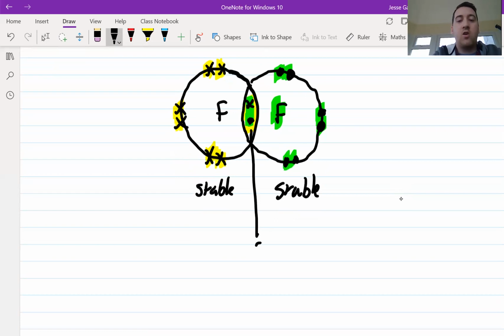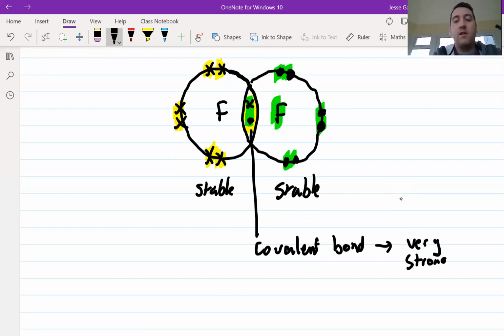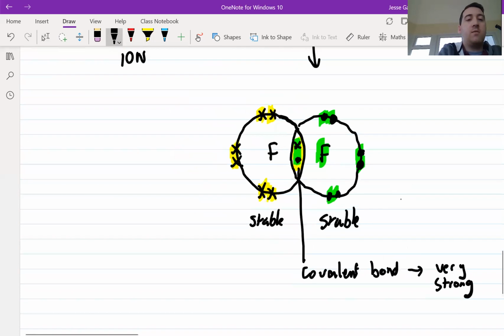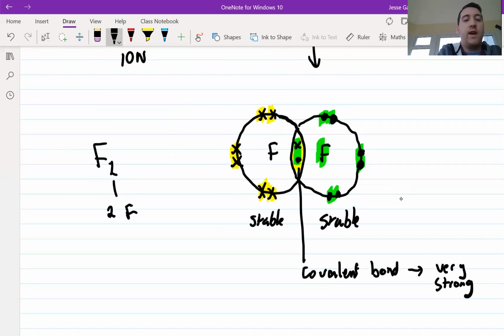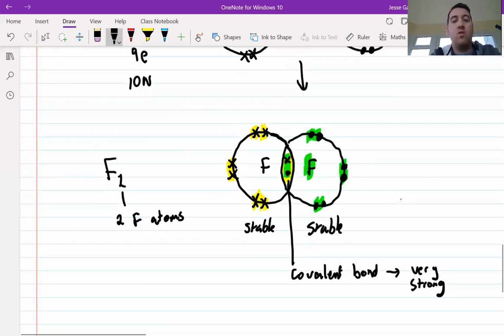This here is the covalent bond. Okay, and it's found in between the atoms, and it's very strong. It holds them together very tightly. This substance is now F2, where the 2 means 2 fluorine atoms stuck together covalently.